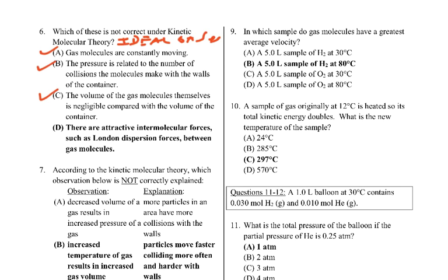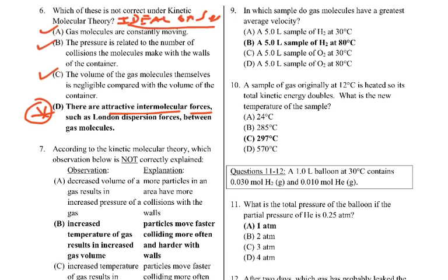The particles take up the volume of their container. But it is not true for an ideal gas that they have any kind of attractive forces. We're saying that the particles are completely independent and do not attract each other. So answer D is the part that is not correct under the kinetic molecular theory.